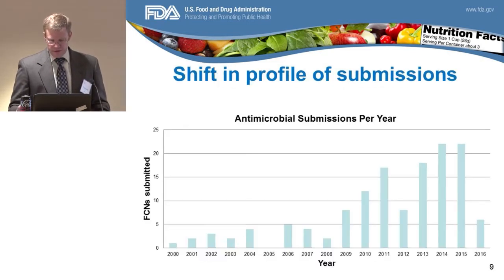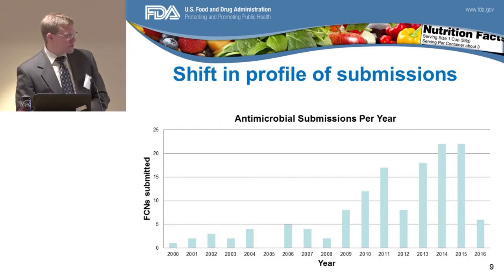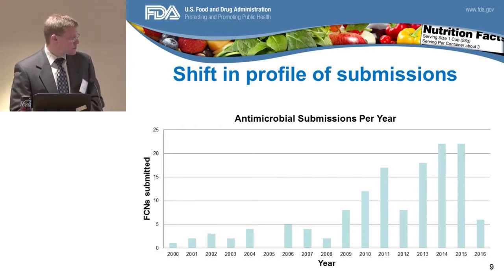Some of the other things that we've been working on are changes in the way we think about things, as we're getting different types of submissions for different types of materials. This is an interesting graphic that I had one of my people put together. This is the number of submissions for antimicrobials that we've received in our division since 2000, all the way up to the present, somewhere in August, I think, of this year.